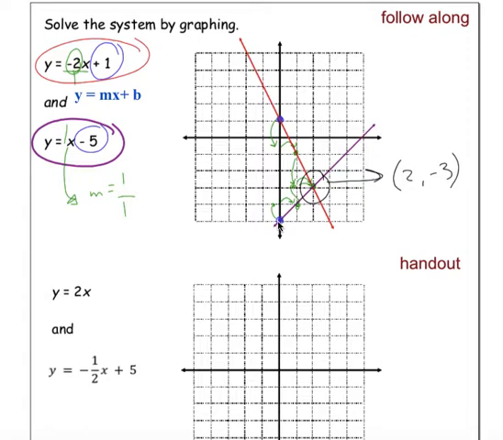Then we do our rise over run. Our m is 1 over 1, so we go up 1 over 1, plot it, up 1 over 1, plot it. Then we draw the line of best fit for our second line.